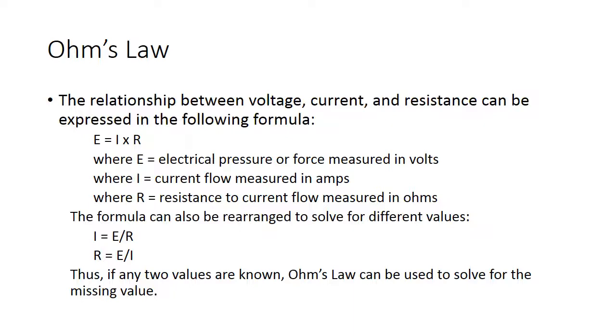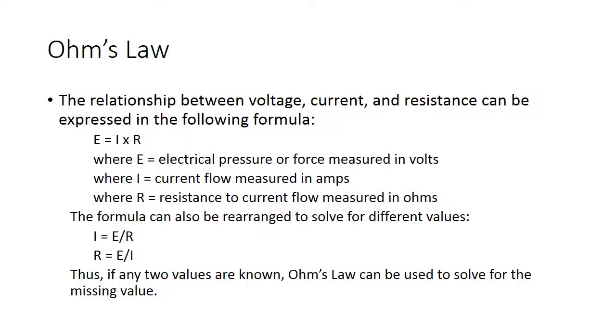Ohm's law. The relationship between voltage, current, and resistance can be expressed in the following formula. E equals I times R. In the formula, E equals the electrical pressure or force, which is measured in volts, as we talked about, I equals current flow, which is measured in amps, and R equals resistance to current flow measured in ohms.